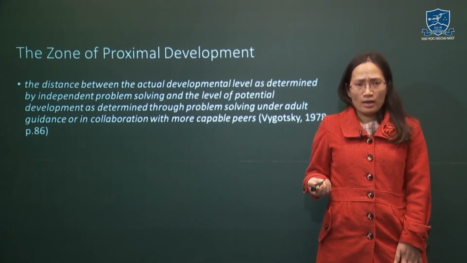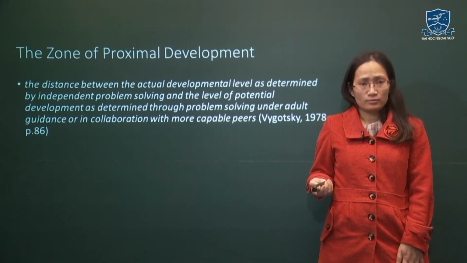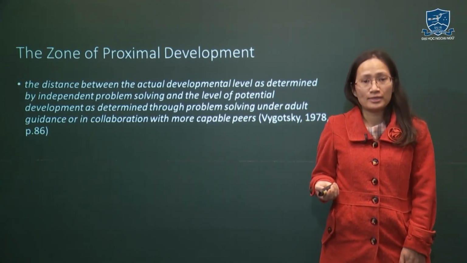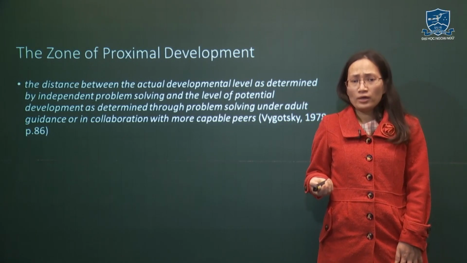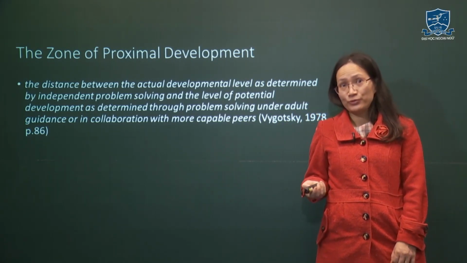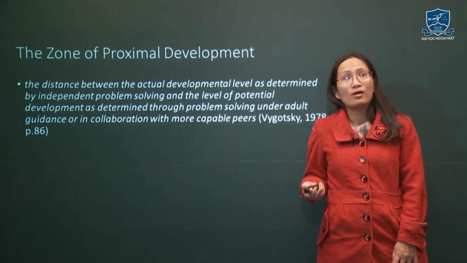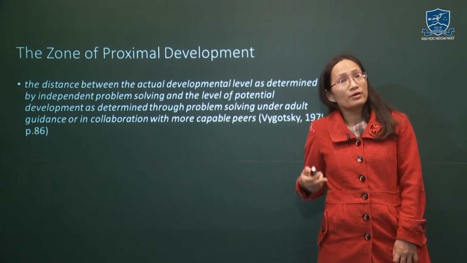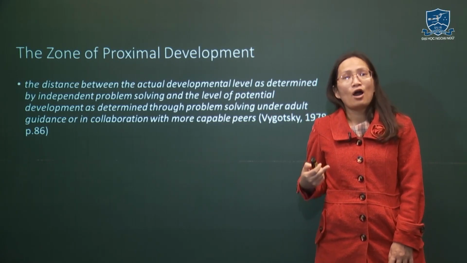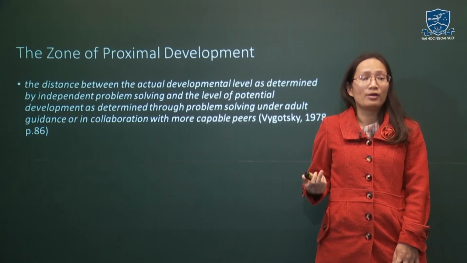So, I would like to highlight two basic concepts in this definition. What does the actual developmental level refer to? It refers to the learner's current level, the level of development at which the learners can do things by him or herself.